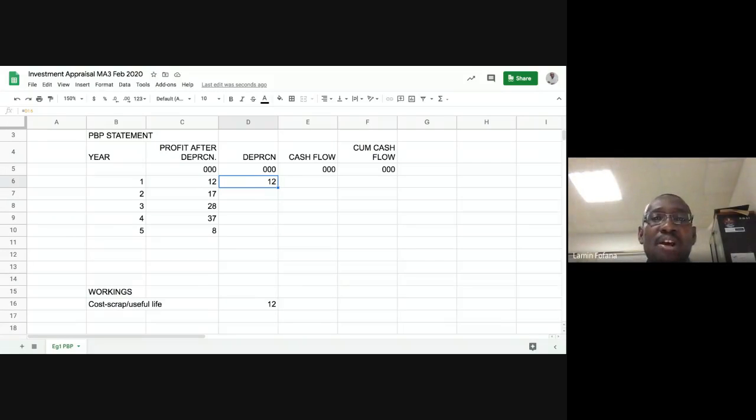Because the problem with Excel is if I do one formula and copy this from here, if I come down once, look at what's going to happen. It is copying from this cell, not from the previous one. Can you see?